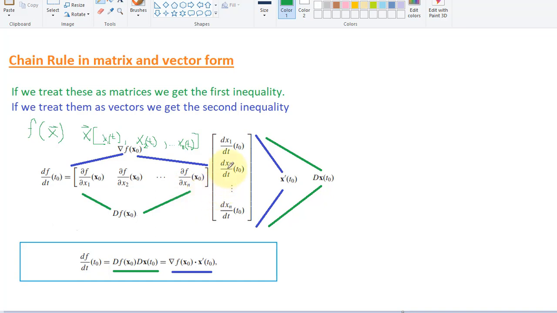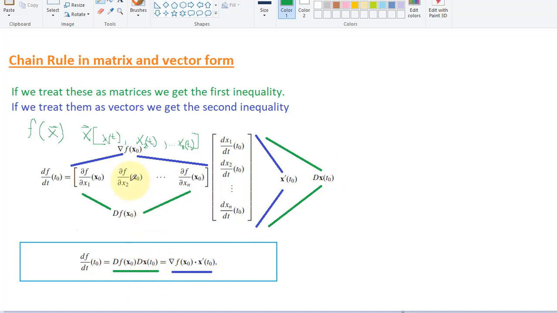And then this thing would be called the derivative of x. And as I said in the last video, we could just multiply this by this, and that would give us the whole chain rule. And so that's a very elegant expression of the chain rule.